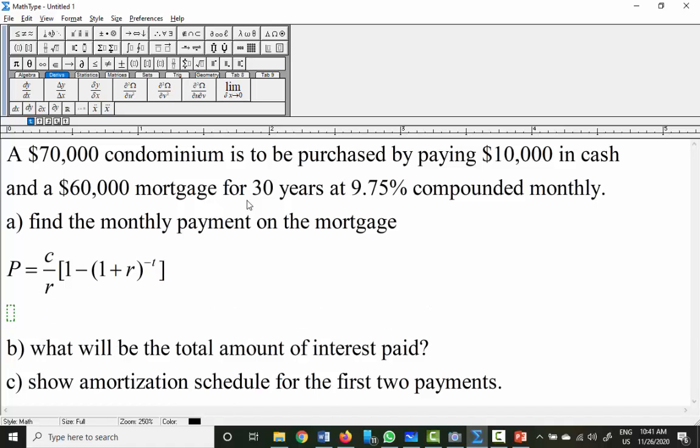So this should be the formula. As usual we will do cross multiplication.